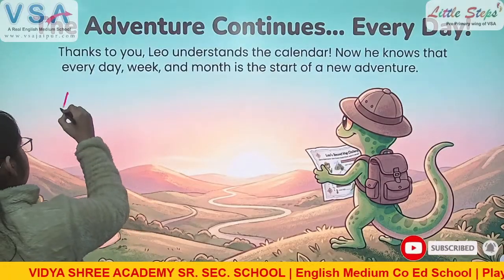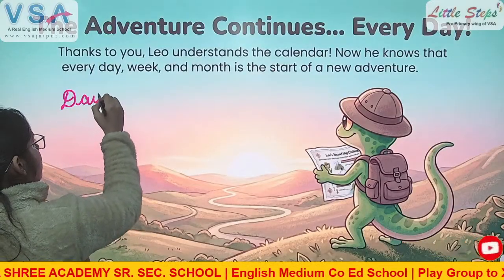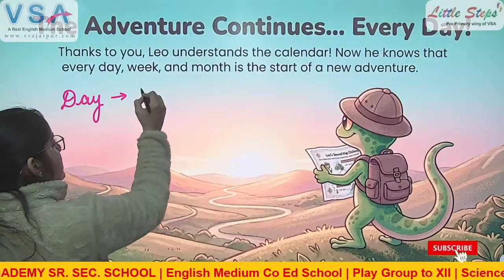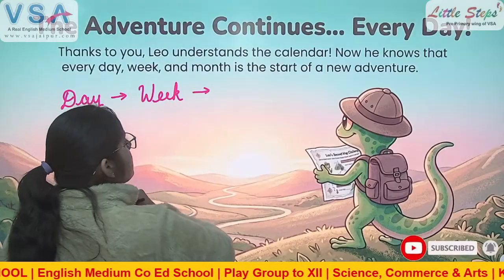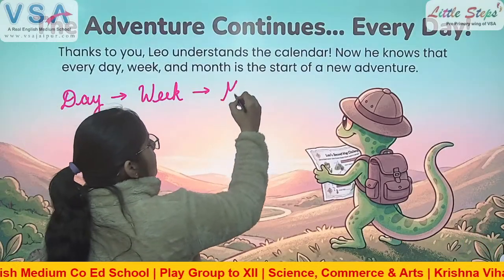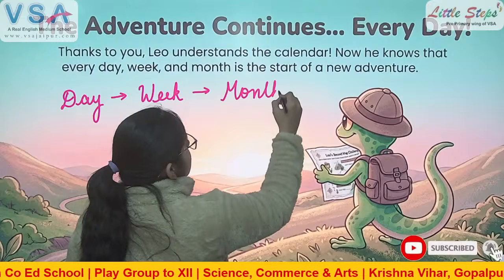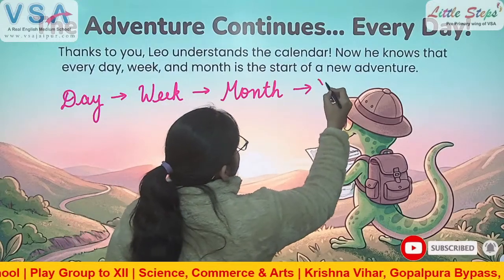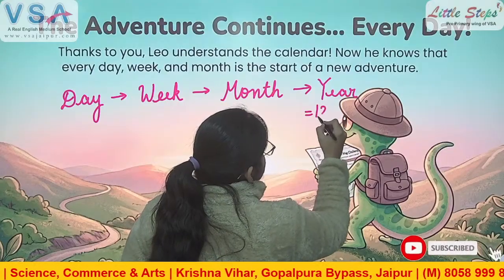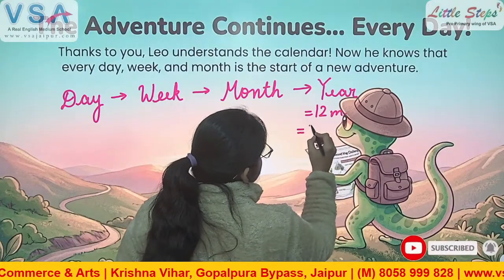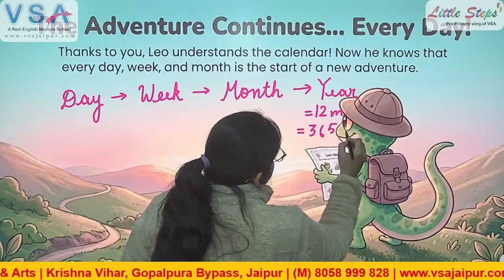We can simply conclude that everything starts from a day. And when 7 such days combine together, they form a week. When 4 such weeks combine together, they form a month. And when 12 such months combine together, they form a year. And a year has 12 months and 365 days.